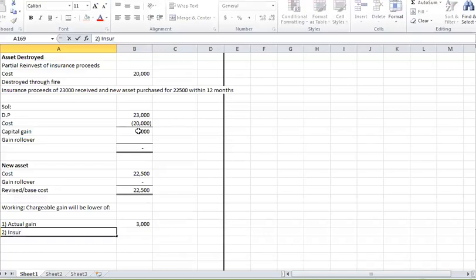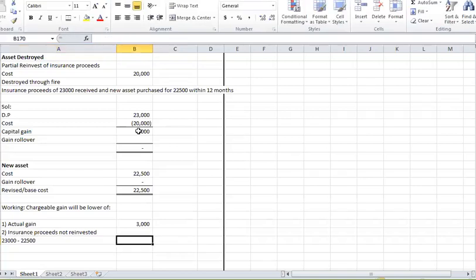insurance proceeds not reinvested. As you can see, we have received 23,000 pounds from the insurance company, and we have purchased the new asset for 22,500 pounds.